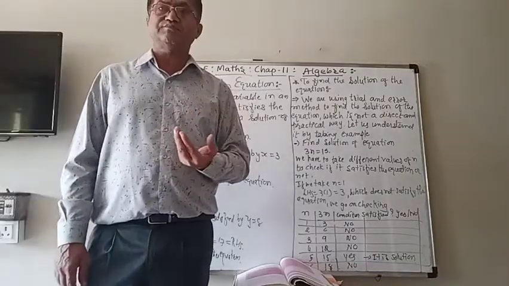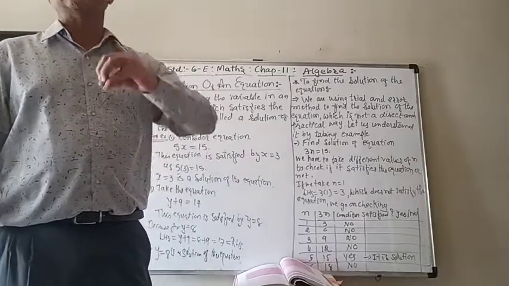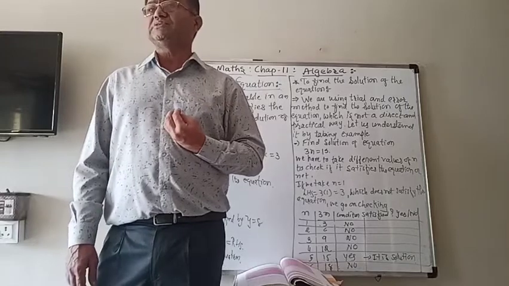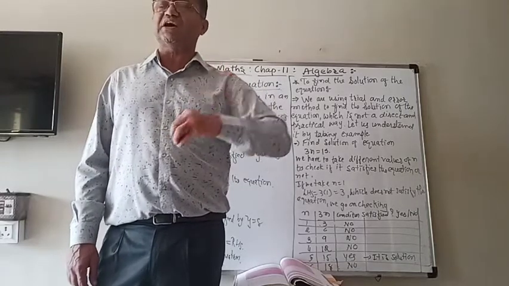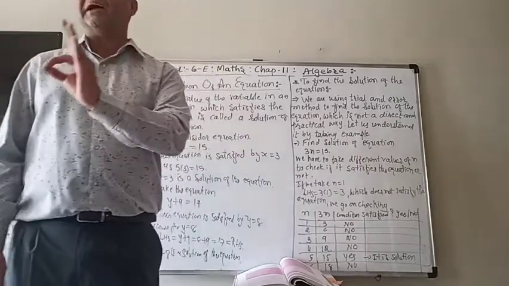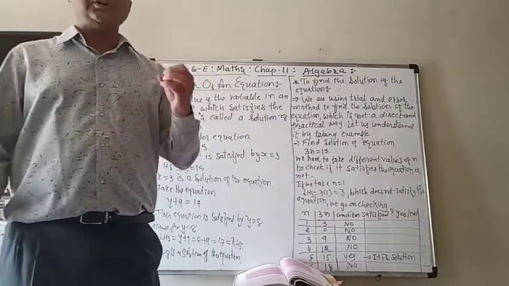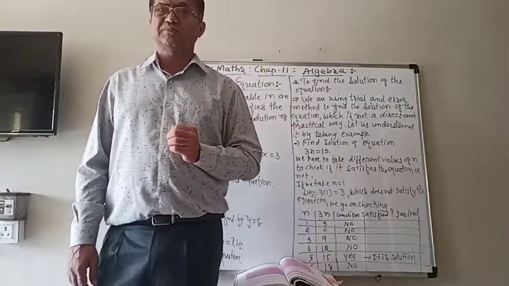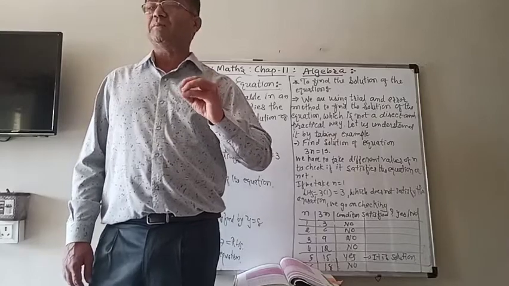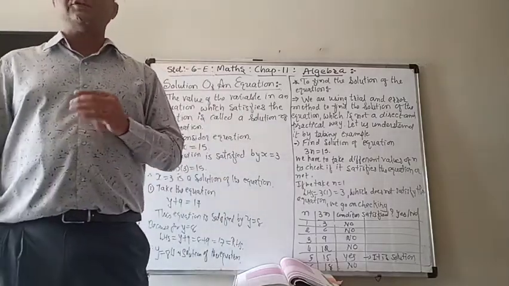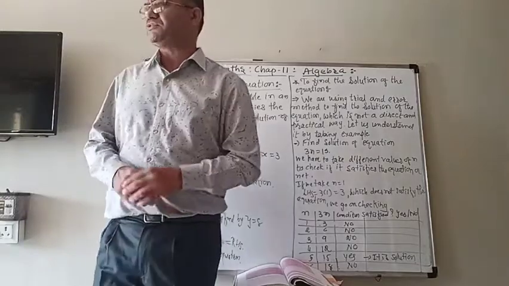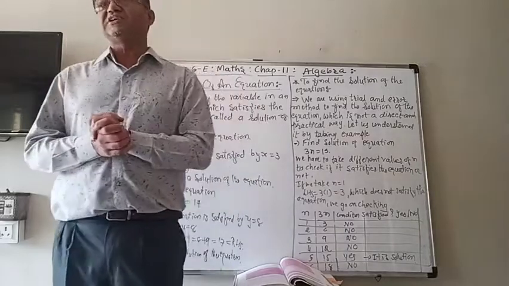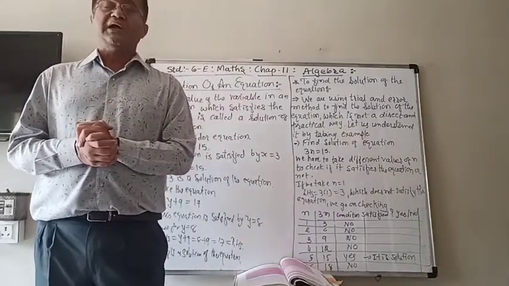So now what is the method? How can we find the solution of a given equation? Generally in this standard, you have to use the trial and error method. Actually, this method is not a direct method, and it is not even a practical method, because we have to use different values and check whether it satisfies the equation or not.